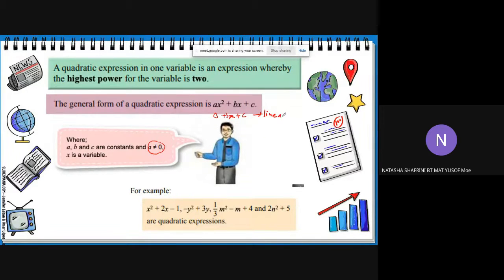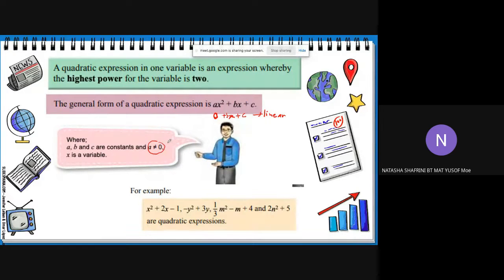Dia hanya akan jadi linear, bukan quadratic. That's why A cannot be 0. Sebab tu A tak boleh 0. Okay, boleh faham? So, A, B, C are constant. A cannot be 0. B, C boleh 0. Macam tadilah kita tengok B dengan C boleh 0.